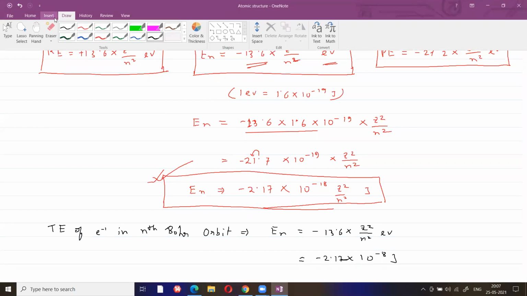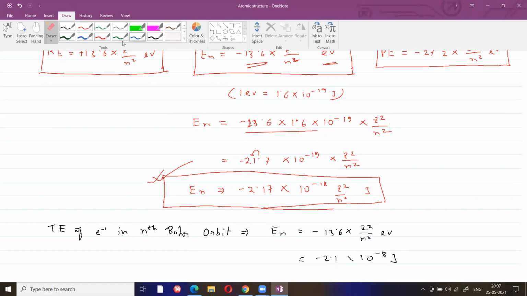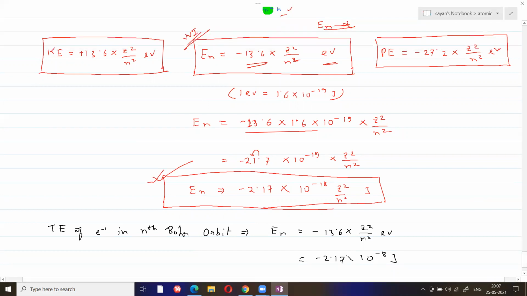Is it clear? Any doubt regarding this part? This one is clear? Okay, and this one is required for mathematical purposes.